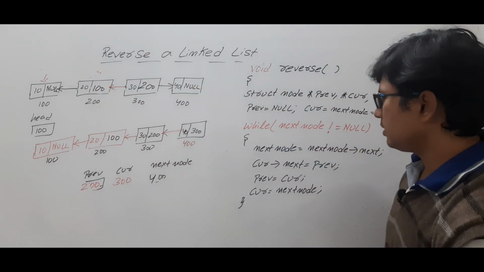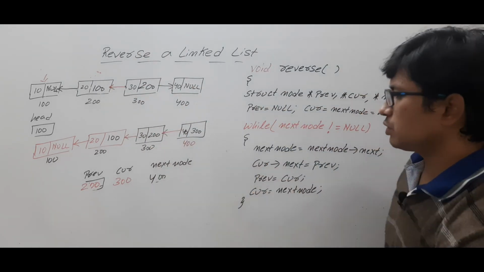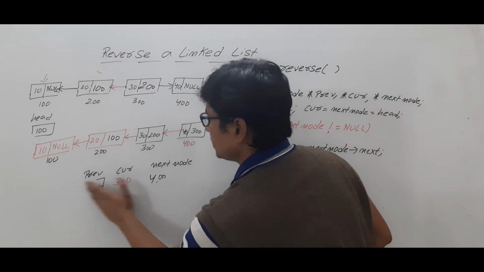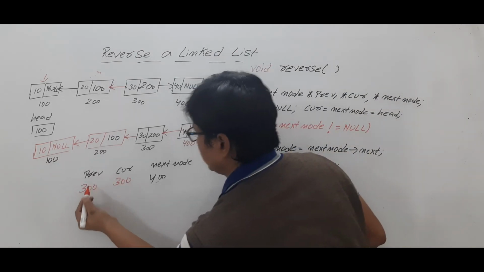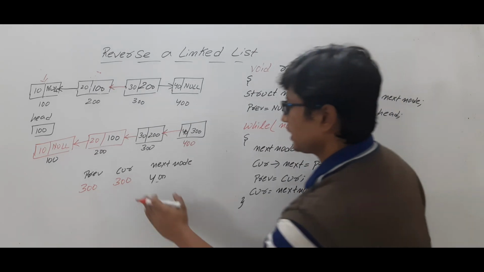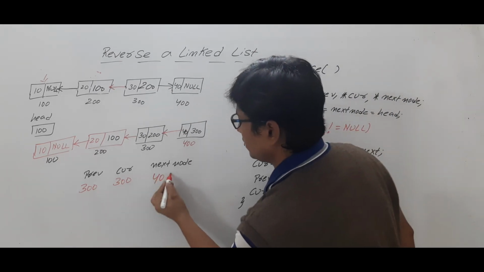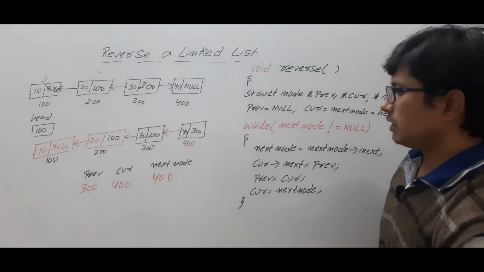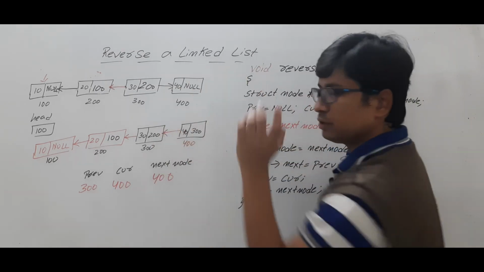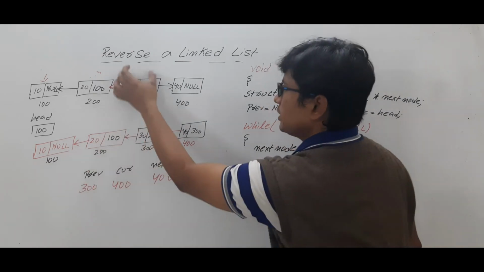Is it clear? Then what we have made? Previous is equal to current. What is the value in the current, which is 300. So that you are assigning to this pointer. Then current is equal to next node. What is there here? 400, that you are assigning to the current node. Now current node and next node are pointing to the last node, and previous is pointing to this node.